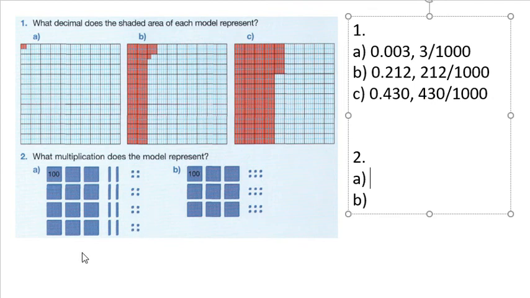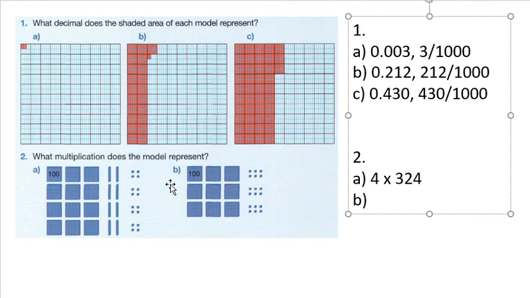So there's a multiplication statement here. It's just in pictures. So we have a number of different groups. Where are my groups? Here's one group. Here's a second group. Here's a third group. And here's the fourth group. So I have 4 groups of what? This is 100, 200, 300, 10, 20, 1, 2, 3, 4. So this is 324.